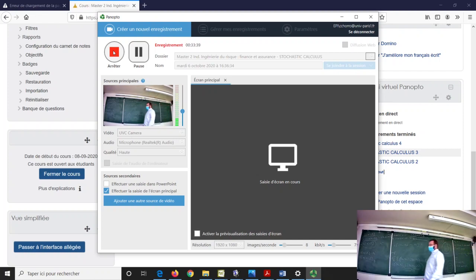So I erase the board here, and we are going to prove a result that we are going to use in chapter 2. I state the proposition, and after I will erase the board in order to do the proof.